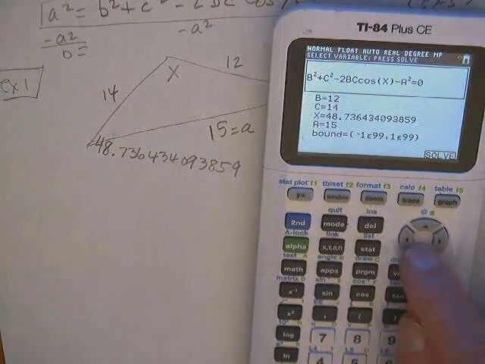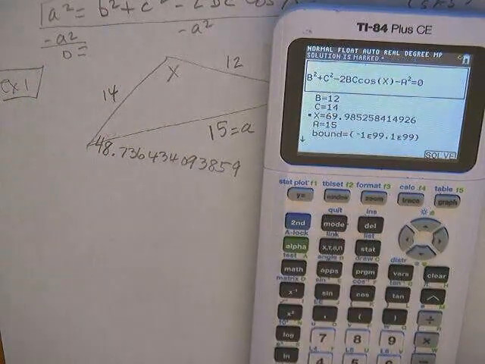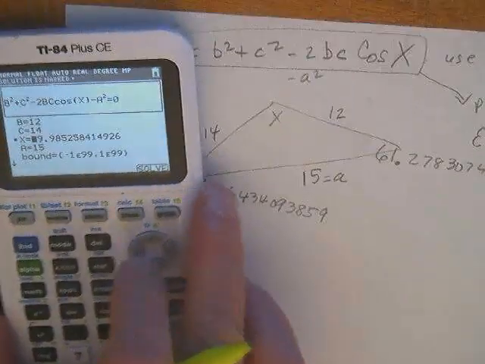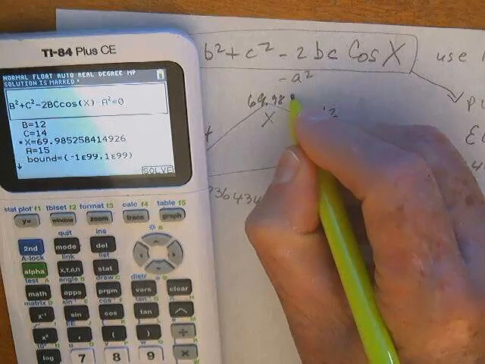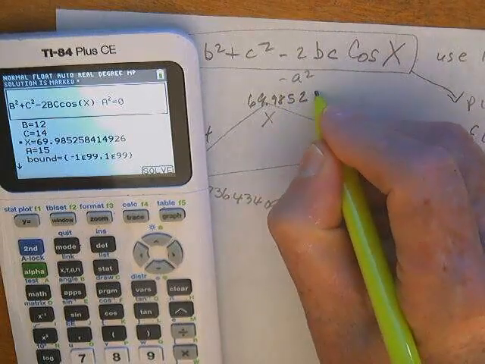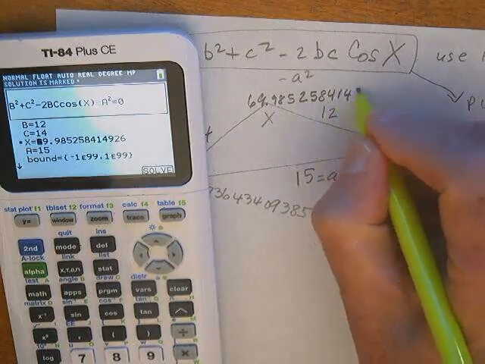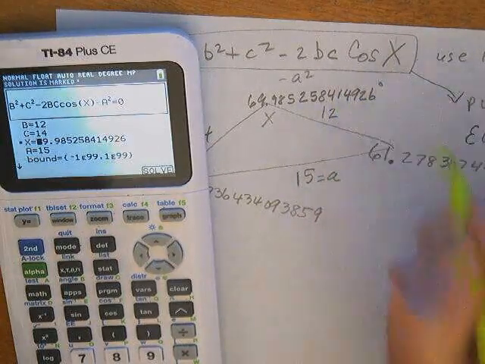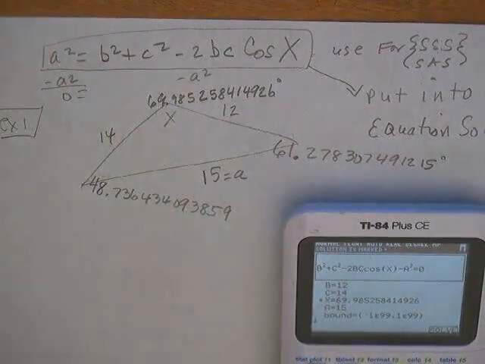And then go to the angle and just hit alpha enter and it'll recalculate it for you. That one's that number, 69.985258414926 degrees. And now I've got the triangle solved.